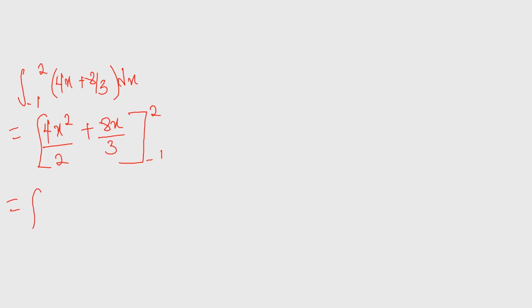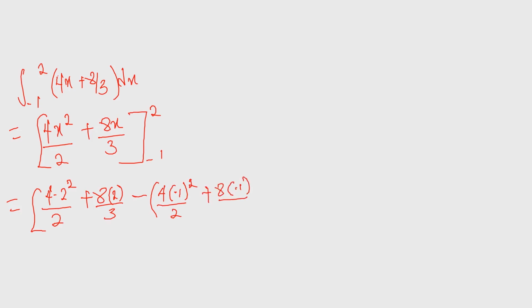For the upper, we have 4 multiplied by 2 squared over 2 plus 8 into 2 over 3, minus 4 multiplied by -1 squared over 2 plus 8 into -1 over 3. By evaluating this, we have 8 plus 16 over 3.